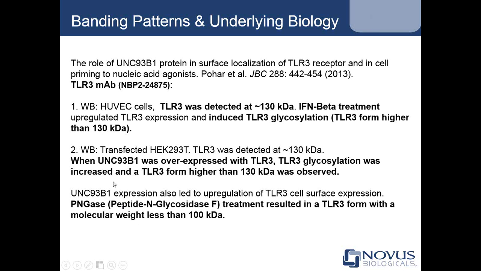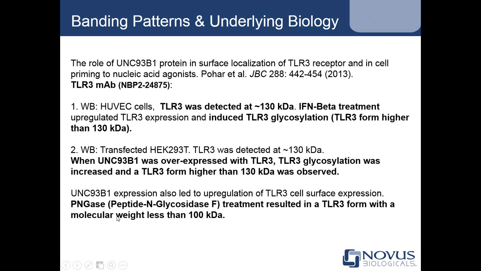Likewise, when cells were transfected, so they know they have TLR3 in there for sure, they saw it at 130 kilodaltons, and when they expressed a chaperone with it, UNC93B1, they got a higher molecular weight band of TLR3 due to glycosylation. Likewise, when they treated with peptide N-glycosidase, the TLR3 band was less than 100 kilodaltons.